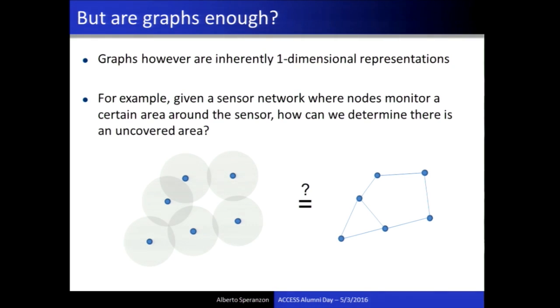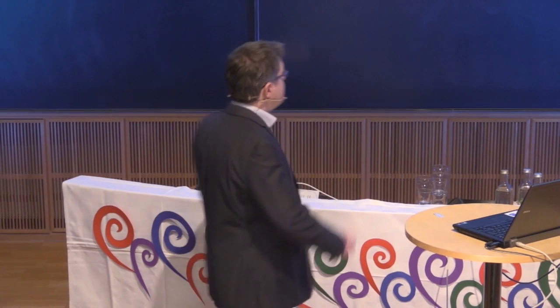The question is, are those enough? I mean, the problem is that graphs are, in general, one-dimensional representations. And sometimes you really have problems where one-dimensional representations are not sufficient to capture the real problem. So a classical example is, say that I have a sensor network, and this circle is a footprint of the sensor, and you have potential intersections between footprints, and you ask yourself, is this network monitoring the entire space?